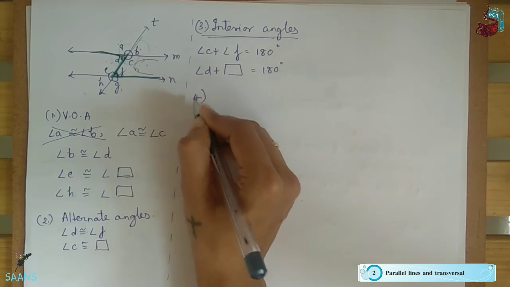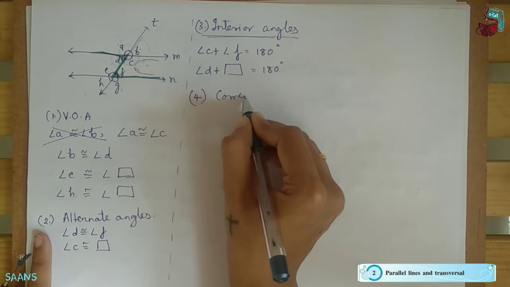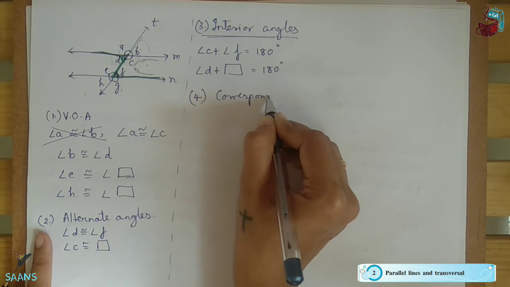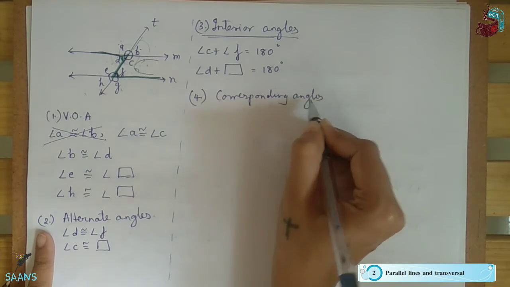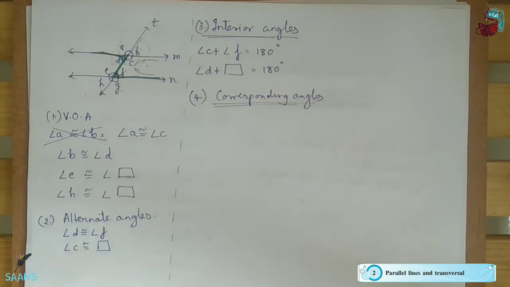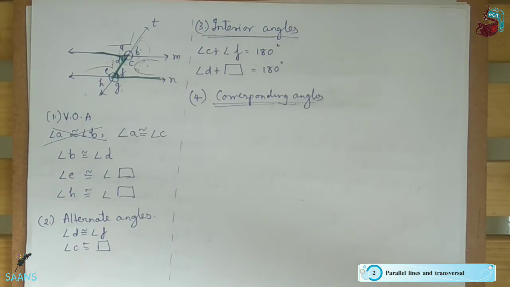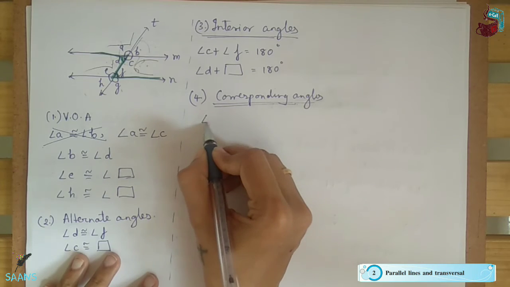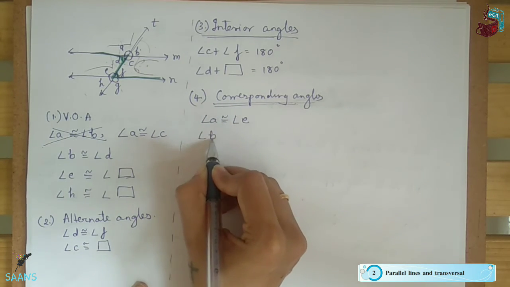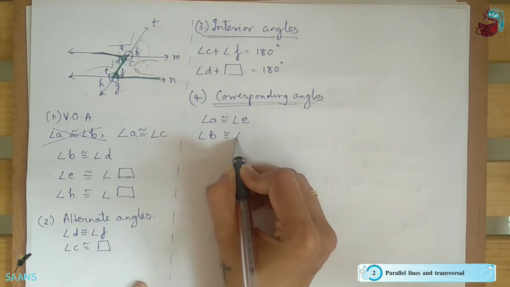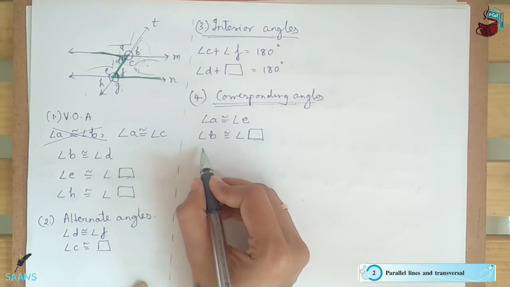Now the fourth one. I hope my speed is not too much. Fourth is corresponding angles. Corresponding is like this. So angle A is congruent to angle E. Angle P is congruent to angle dash. Okay, the next pair is the opposite.